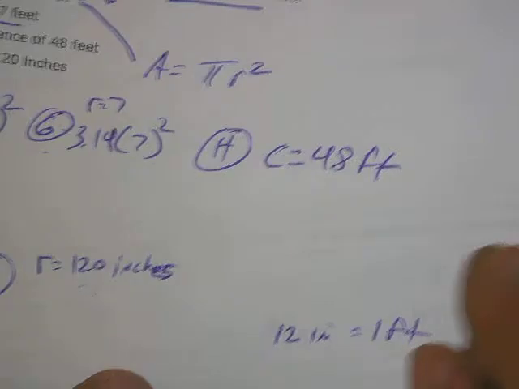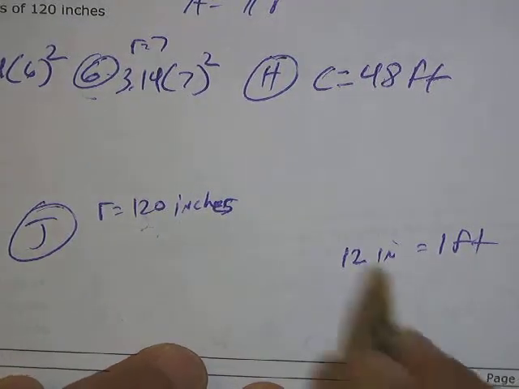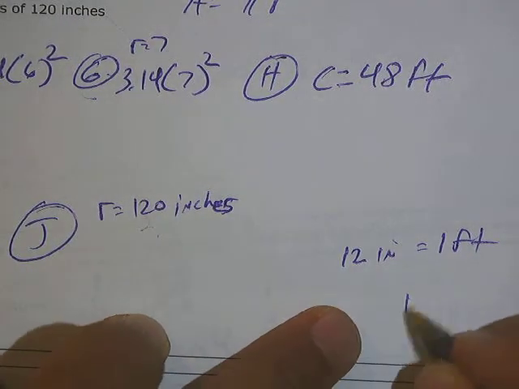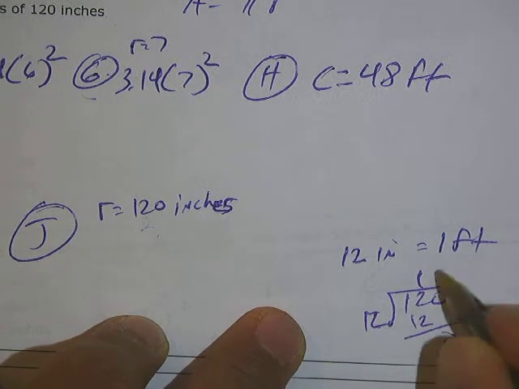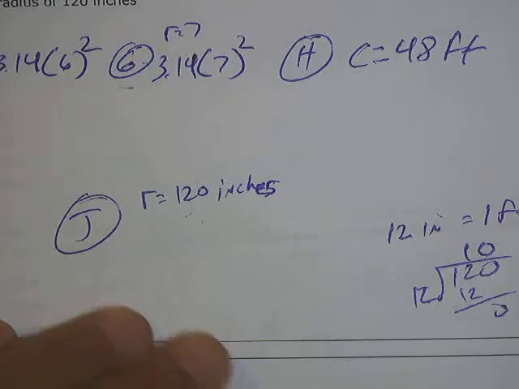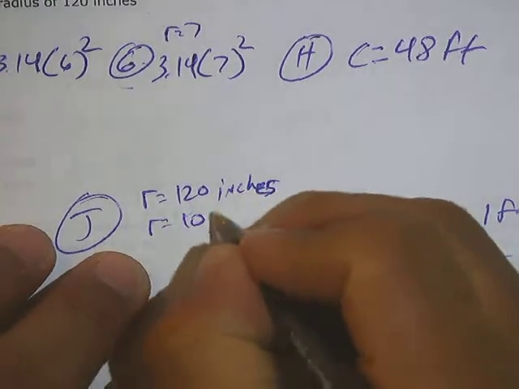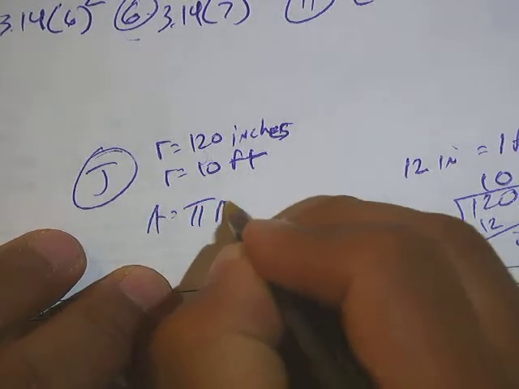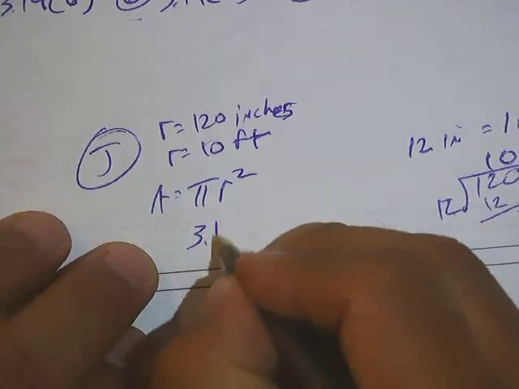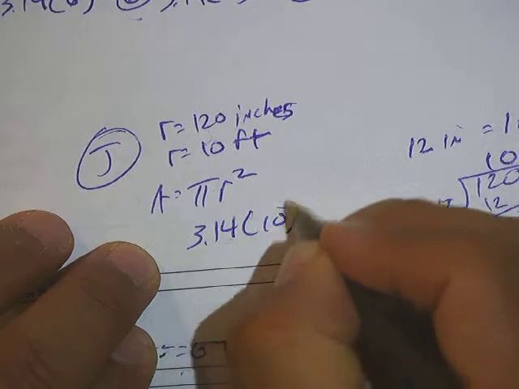Well, because this is in inches, and all of the others are in feet, let's convert inches to feet. There are 12 inches in a foot. So how many feet do we have? Well, 120 divided by 12 gives me 10.